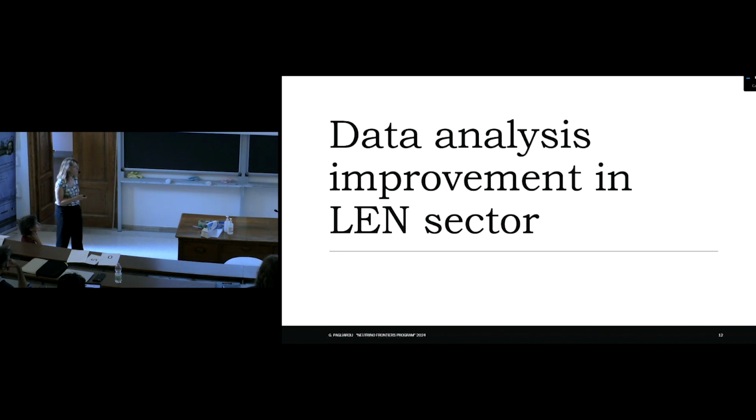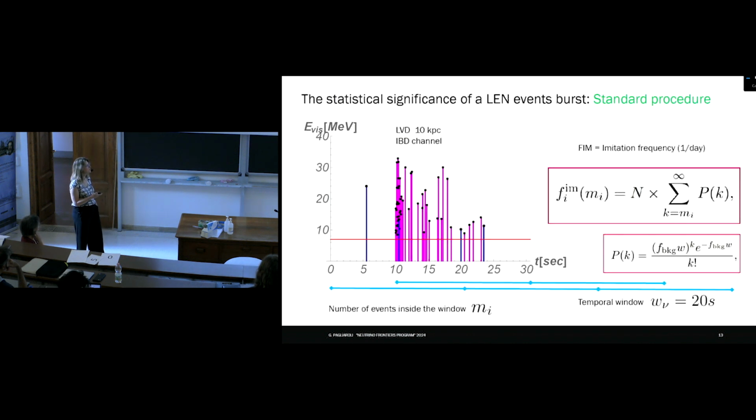But before going to the combined, let me show you the possibility to improve the neutrino sector by using a new shape parameter. So let me show you the usual way to do that analysis in the neutrino sector. Typically, when you look in a blind way for a burst of neutrinos from supernovae inside the neutrino detector, you open a window that is a 20-second window, and then you count inside this window how many events you have.